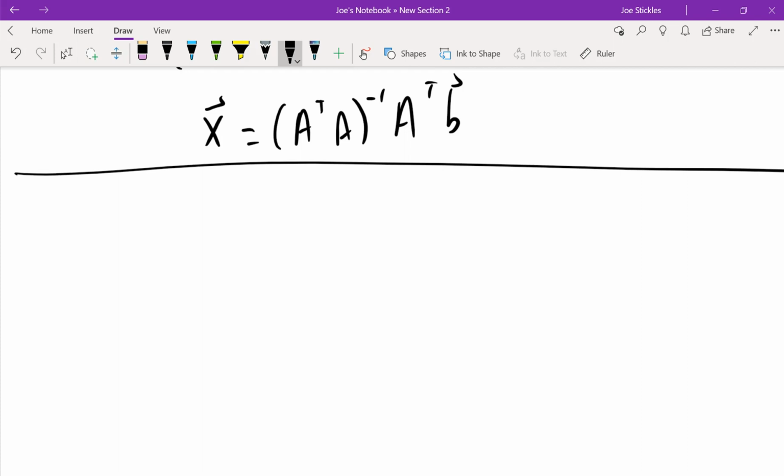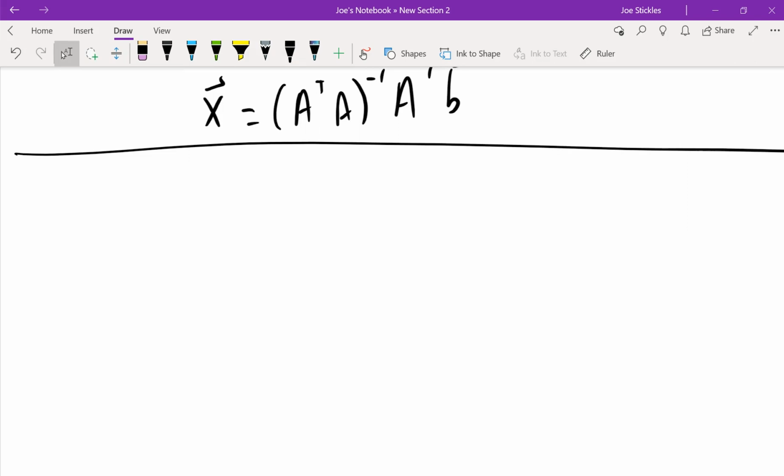Okay, so there is what's referred to as the sum of squares, the total square error.